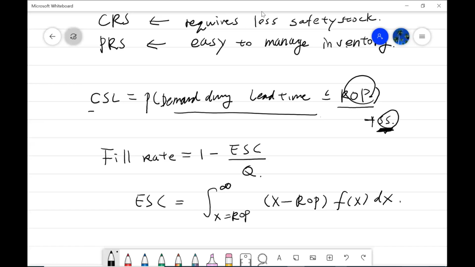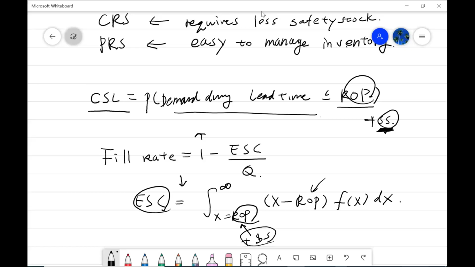So the cycle service level will increase. What about the fill rate? If we increase the safety stock, where's the safety stock here? Yeah, the reorder point here. Okay, so if we increase the safety stock, then the reorder point is increased, then the expected shortage per cycle is decreasing. Then what happens? After all, the fill rate will increase.